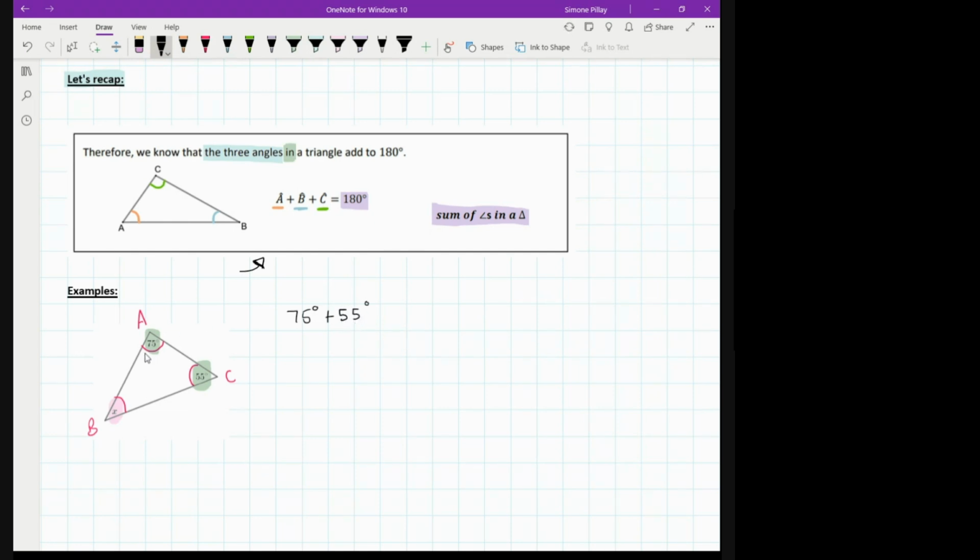So I'm saying angle A, which is 75, plus this angle C, which is 55, plus angle B, which is X. When I add those angles up, because they are angles in a triangle, the rule is that they're supposed to add up to 180. So why am I making the statement? I'm making the statement because of the rule of sum of angles in a triangle.